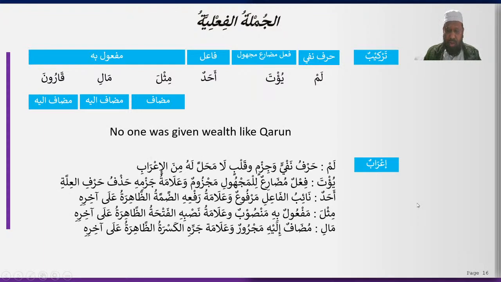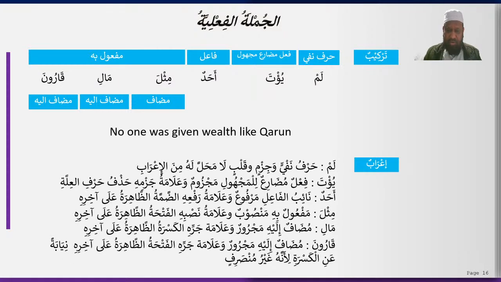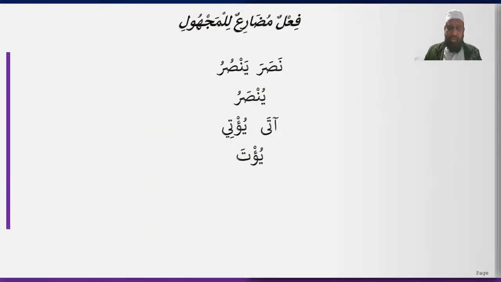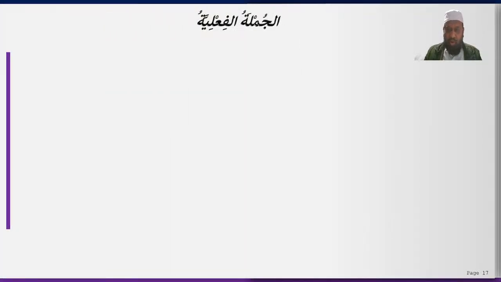So أحد نائب الفاعل مرفوع وعلامة رفع ضمة الظاهرة على آخره. And the rest is the same. Okay, so this was the page. We looked at how to make فعل مضارع مجهول.